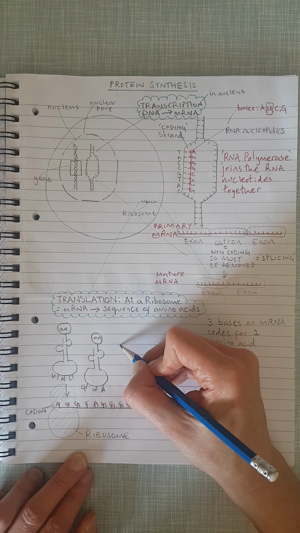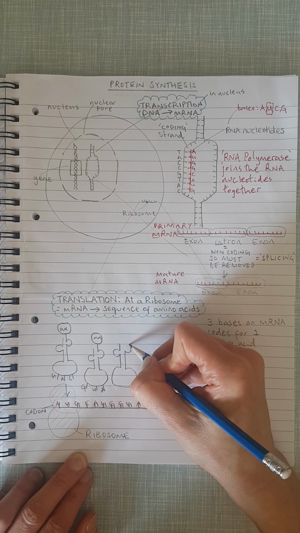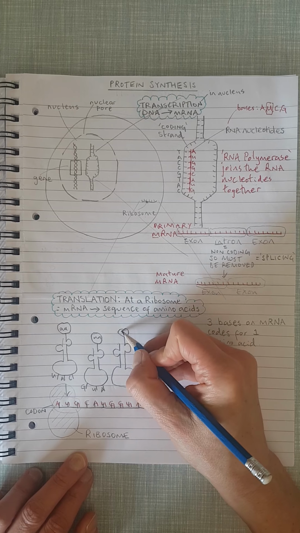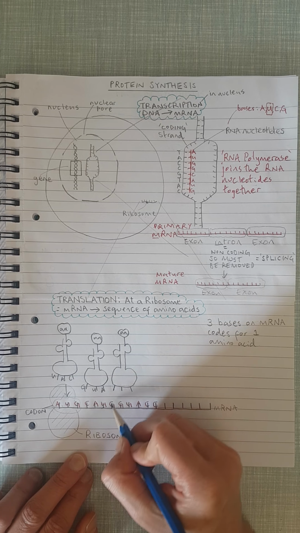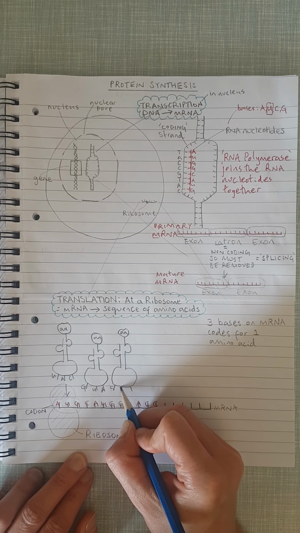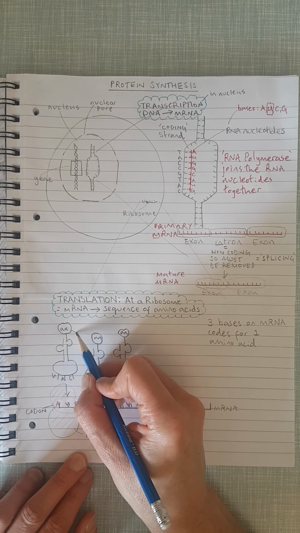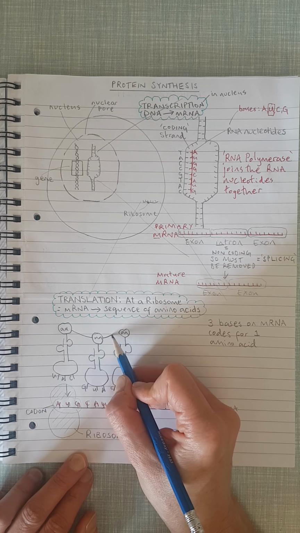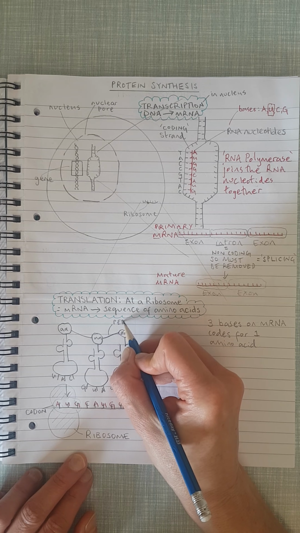And then the next tRNA comes along carrying an amino acid, and the anticodon will be complementary to this codon, so that'll be C, C and A. And eventually what will happen is these amino acids will be joined together by peptide bonds.